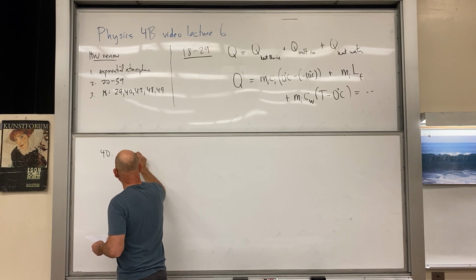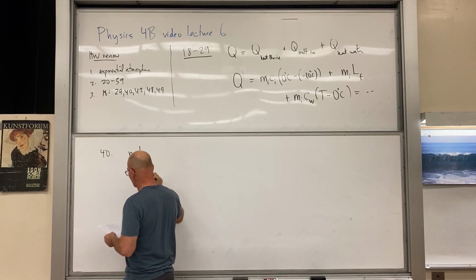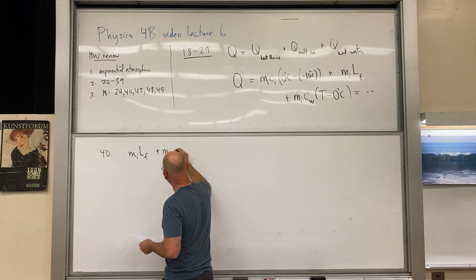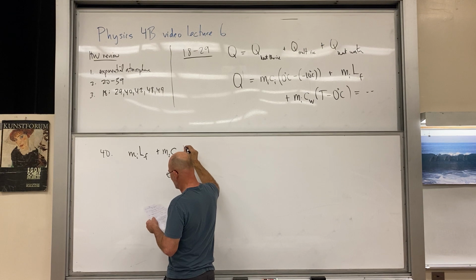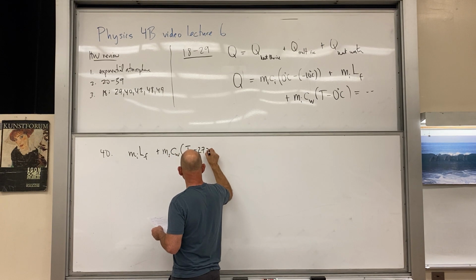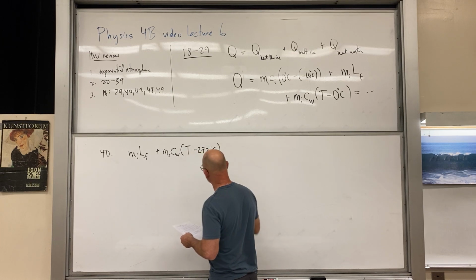So the mass of ice times the latent heat of fusion plus the mass of ice, but it's now water, so specific heat of water, T minus 273 Kelvin, because we're using Kelvin here.